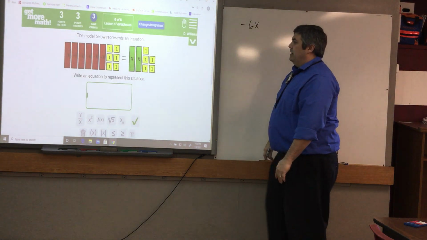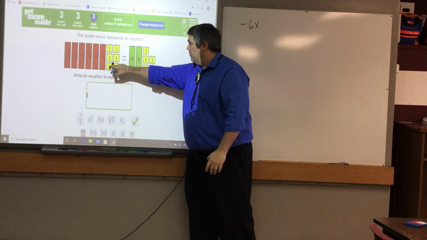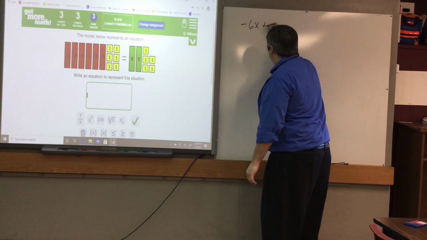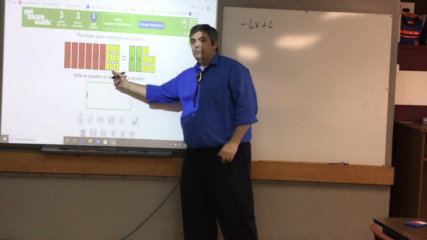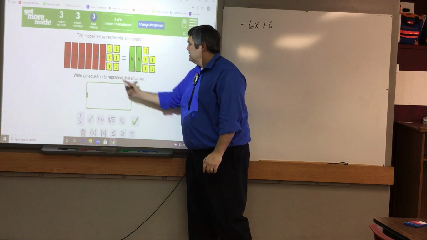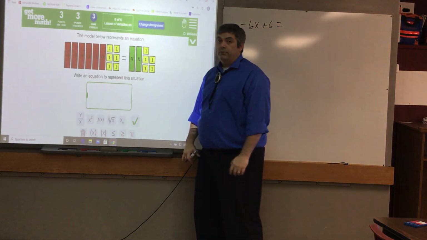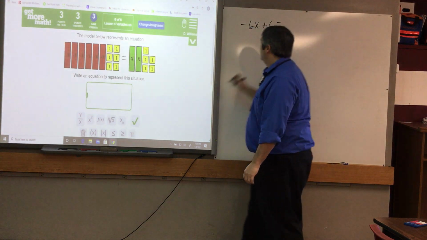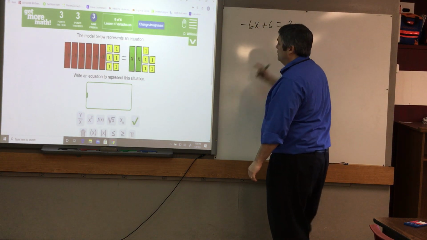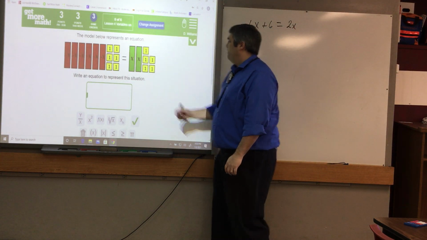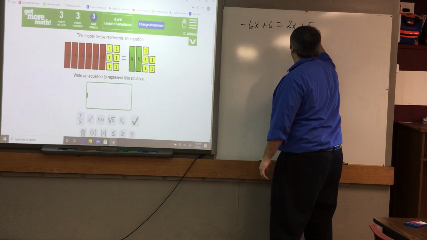And write this stuff down. 2, 4, 6. Plus 6. Remember, yellows and greens are positive. So plus 6 equals, okay, your equal sign, we're dealing with an equation, 2x, 2, 4, 5, plus 5.